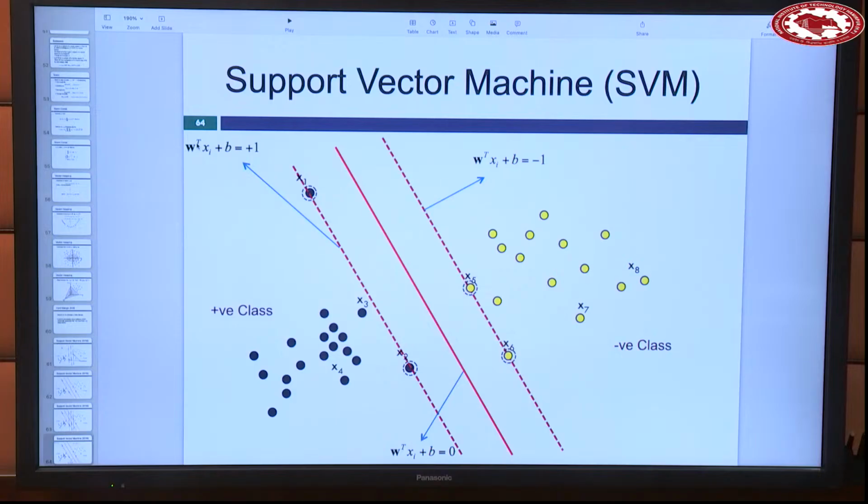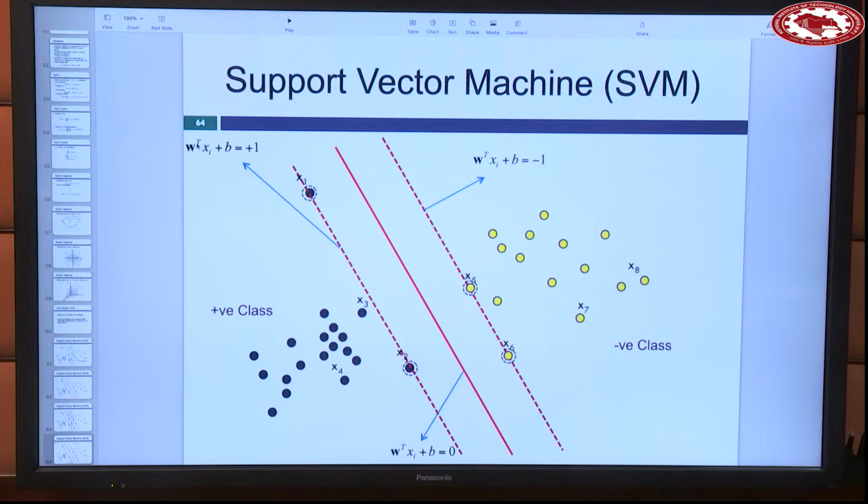You can assume any constant, even say this constant c is 10, 20, whatever you want. Optimization will not be affected. The optimal values of W and b, these two parameters, will be identified. So the constant doesn't matter. You can just say this distance is 2 units.